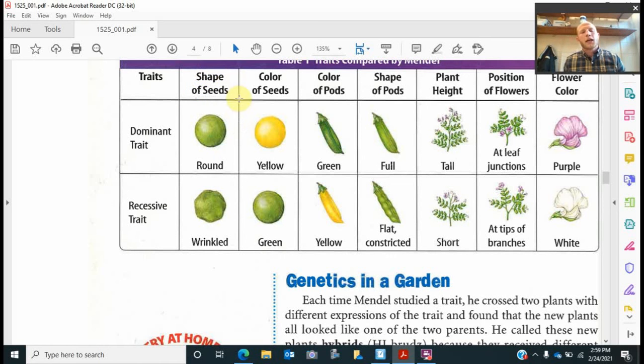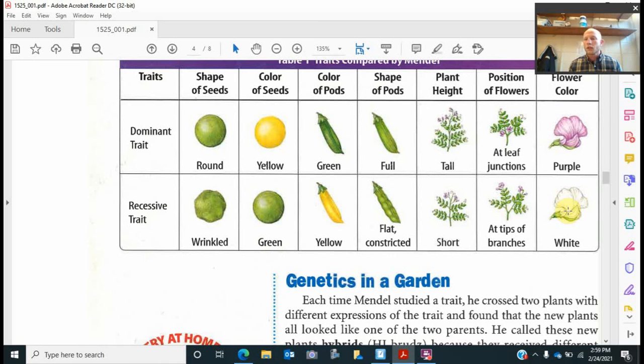Our trait here is shape of seeds, and he found we could have either a round or a wrinkled seed. The color of the seed, yellow or green. The color of the pods, green or yellow. The shape of the pods, either full or flat, constricted around the peas. Tall plant or short. The flowers, are they where it branches off, or at the tips? Do they have purple flowers? Do they have white flowers?